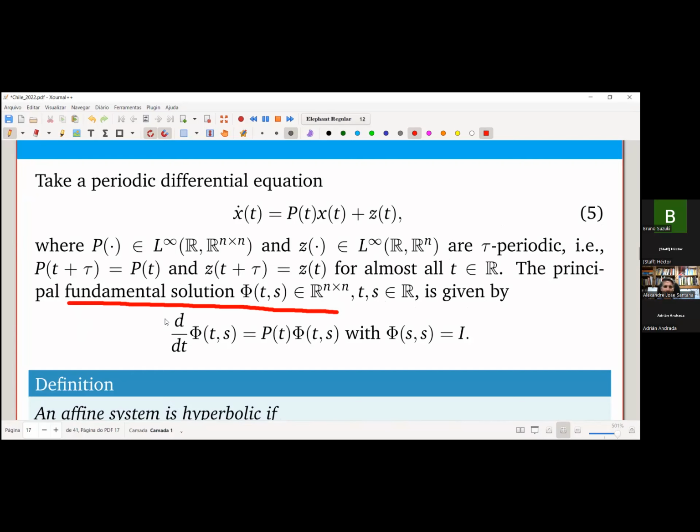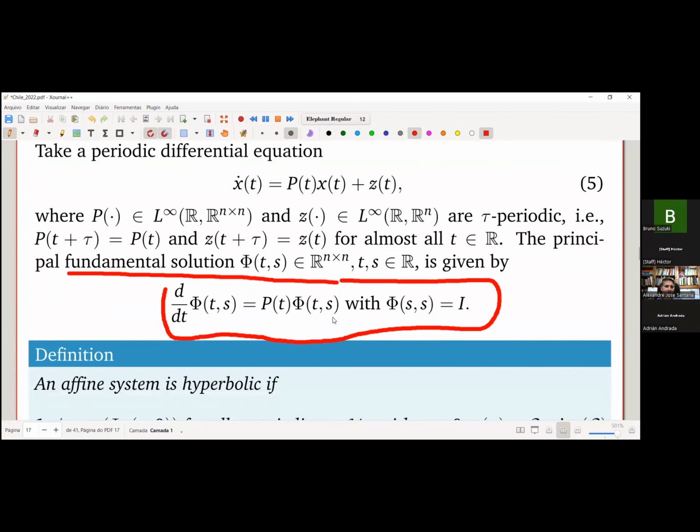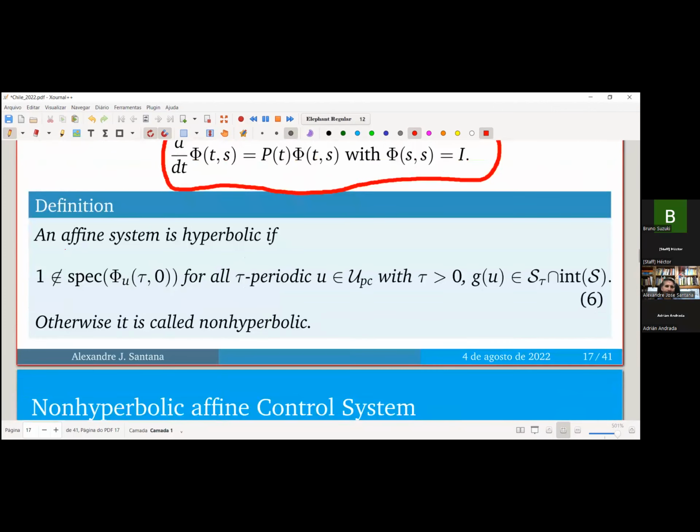What does fundamental solution mean? This is the solution that satisfies this equality here. And then we say that the affine system is hyperbolic if the number 1 is not in the spectrum of this fundamental solution for all tau-periodic controls u in this set of control functions. Otherwise, we have that the system is non-hyperbolic.